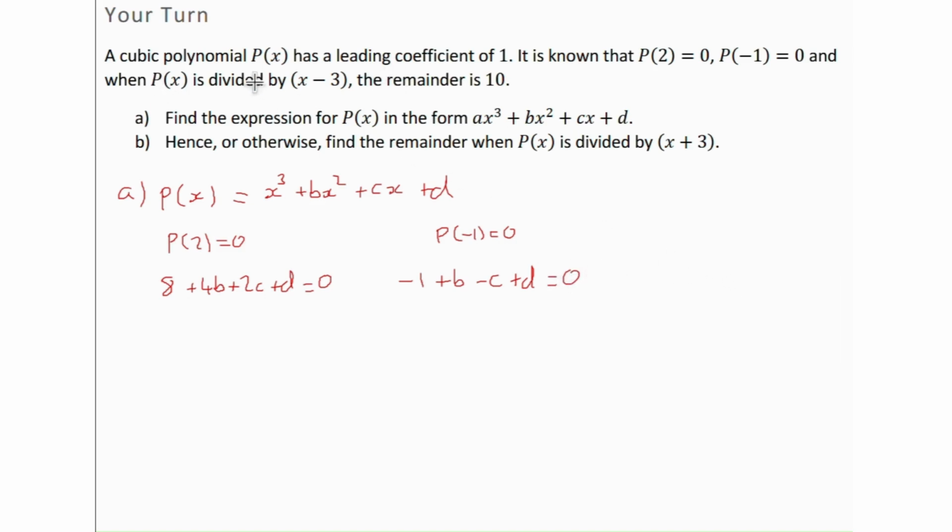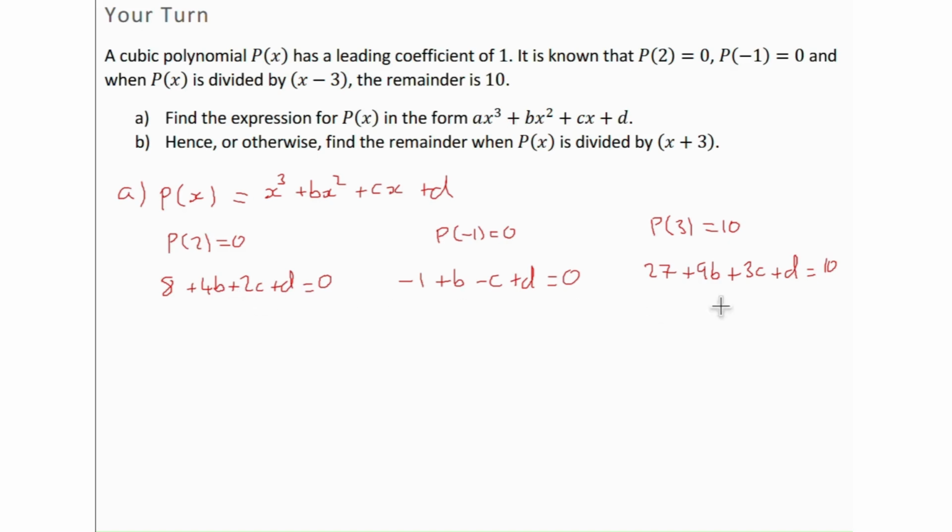And finally, the remainder is 10 when divided by x minus 3, means that p of 3 is equal to 10 using the remainder theorem. P of 3 is going to be 27 plus 9b plus 3c plus d is equal to 10.